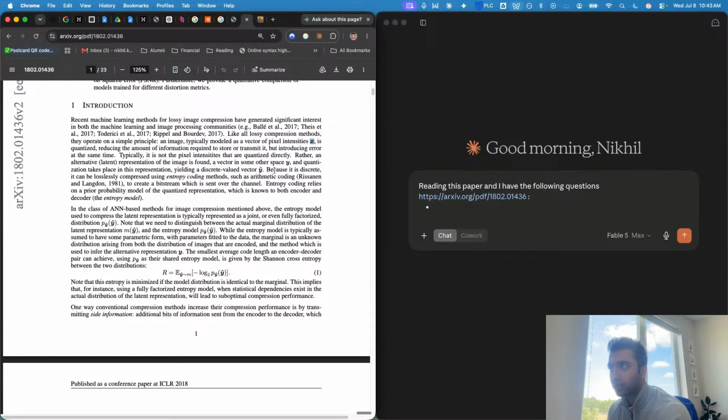Entropy coding methods. I don't know what these are, but I can probably take a guess. Entropy coding relies on a prior probability model of a quantized representation, which is known to both encoder and decoder.